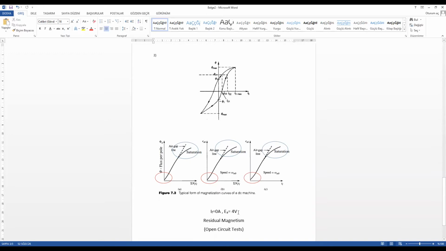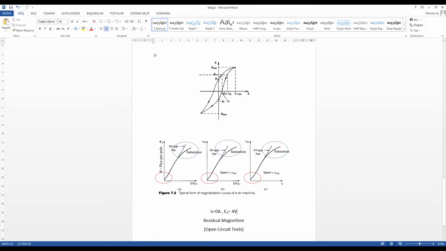Since we have residual magnetism in the system, as you can see from the magnetization curve, or hysteresis loop, if we decrease our current to the zero level, we still have flux 1 on the graph.